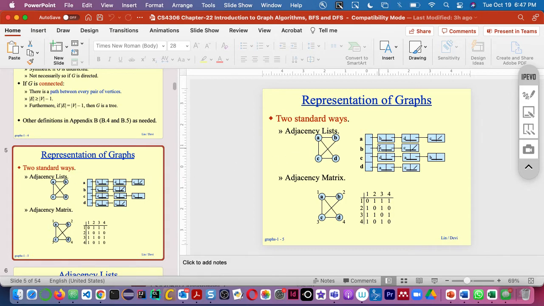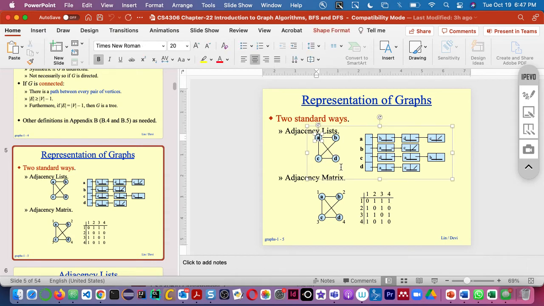Here you see the nodes A, B, C, and D. These are the vertices, and there will be a small linked list for each one. It says what other vertices this vertex is connected to. So A has a connection with B, with D, and with C.